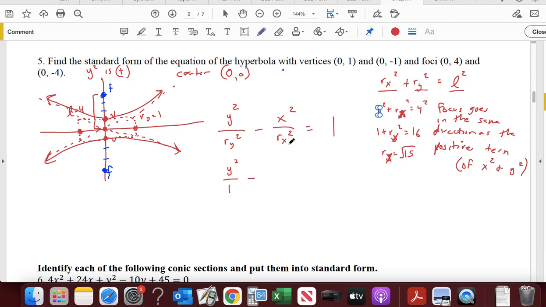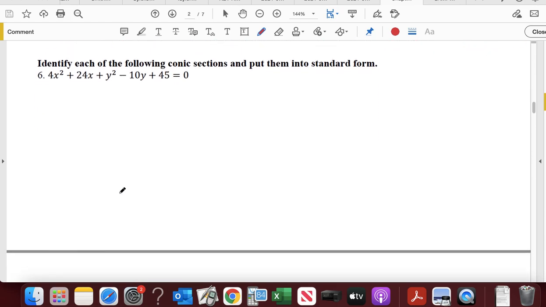And square root of 15 squared is going to be 15. So we got x squared over 15 equals 1. So again, we did not need this whole picture, but I included it because it's good to review how it would be when you're solving. All right, next.